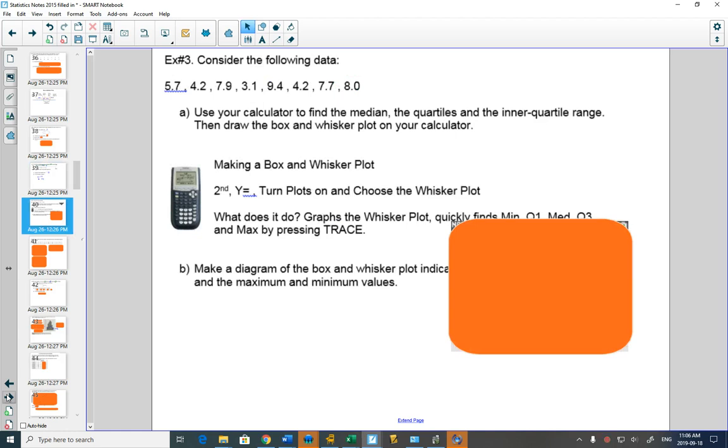We can make a box and whisker plot on our calculator. So we have data, so we're going to open up our calculator and put this data in.